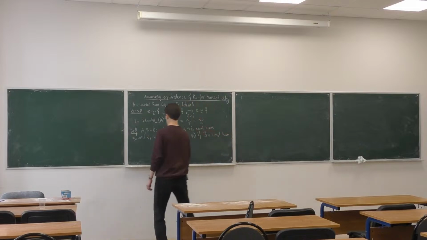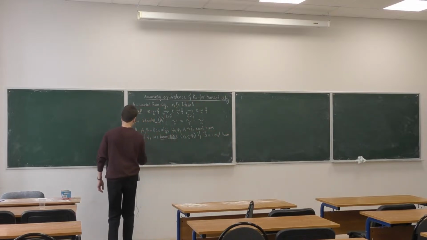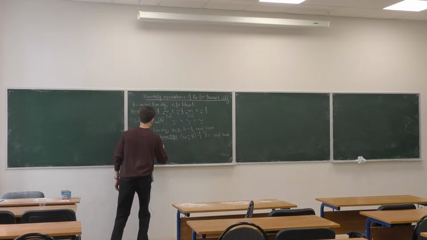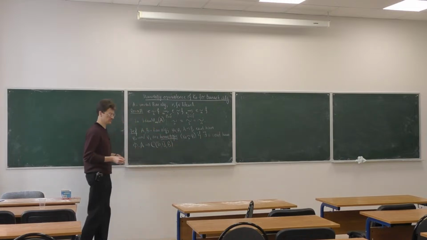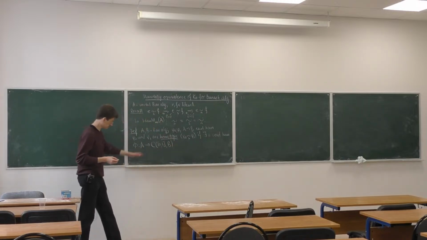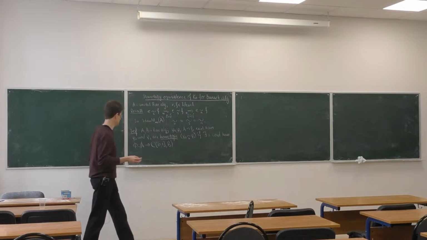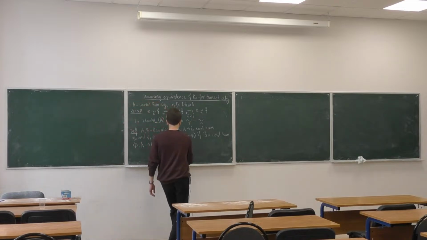let's denote it big phi, from A to the algebra of continuous B-valued functions on the closed unit interval [0, 1]. Clearly this is also a Banach algebra for the supremum norm, such that the following diagram commutes.